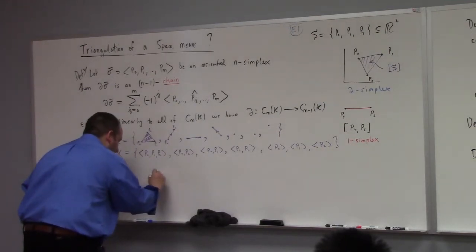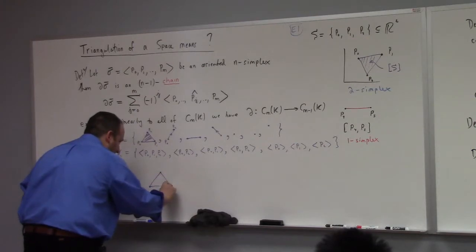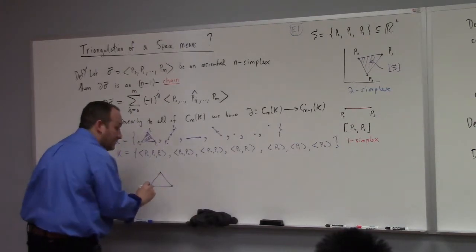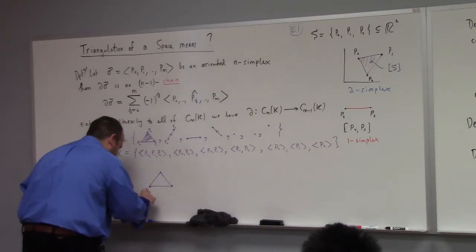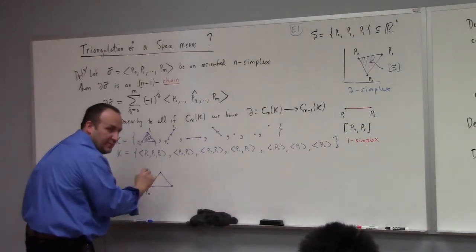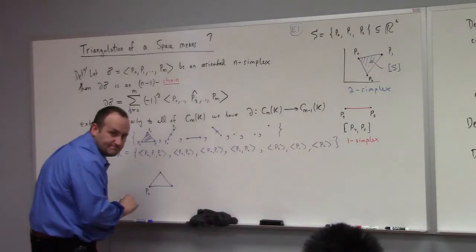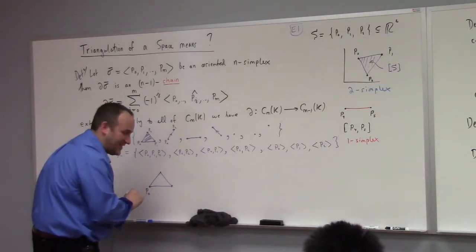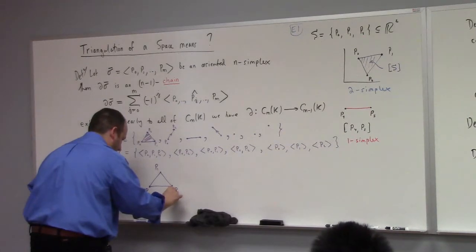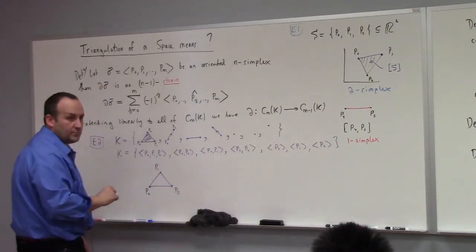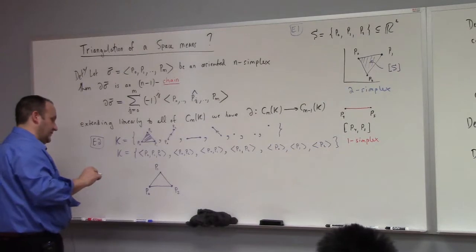If we look at the triangle, now you guys tell me where to put P0. Anywhere? Okay, I'll put it here. Where's P1 going to go? The top? All right. And then over here, P2. All right?